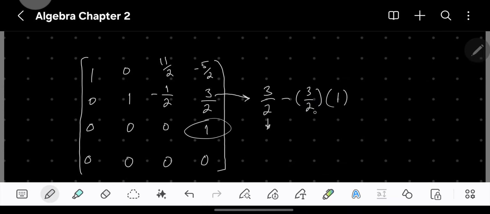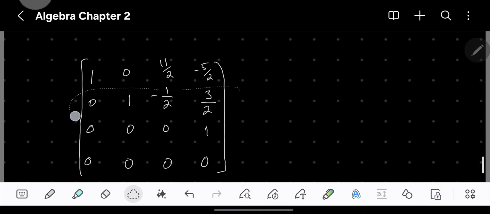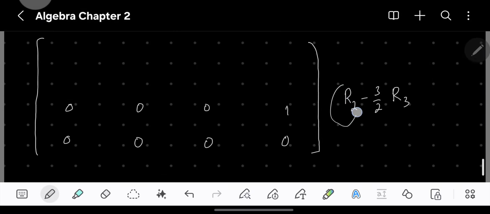That means R2 minus 3 by 2 times this pivot, which is coming from R3. I have to make changes in this row. So the operation is R2 minus 3 by 2 R3.